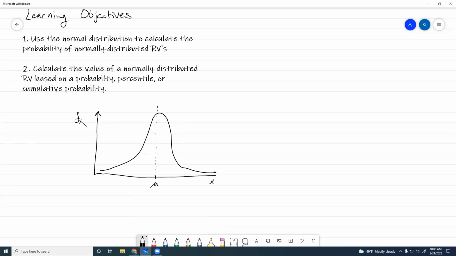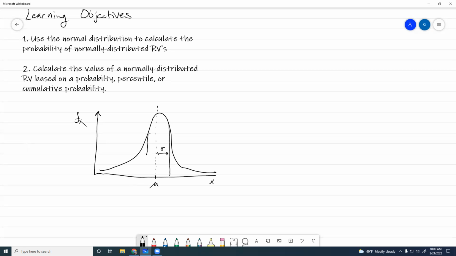And we're going to think about the percentage or probability of observations that fall certain standard deviations away from the mean. So there's one standard deviation. Let's just draw that.